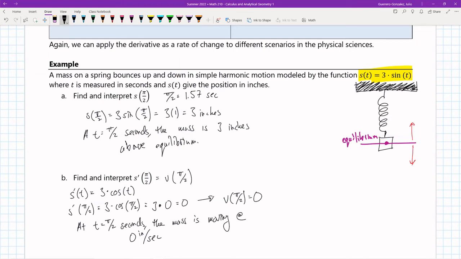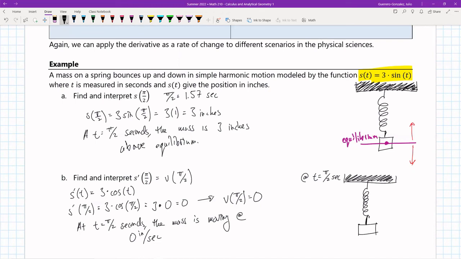So what does that mean in our problem? I'm going to redraw the little picture for it. At t equal pi over 2 seconds, we have our little mass on a spring. Here's a little spring, here's a little mass.